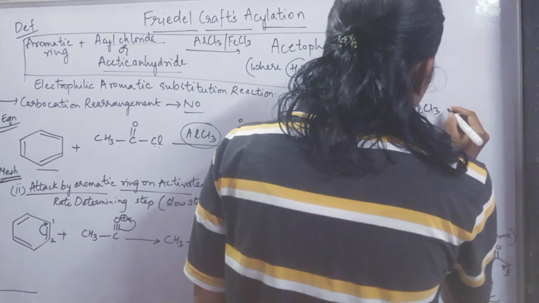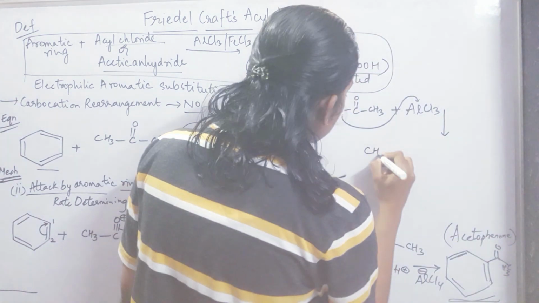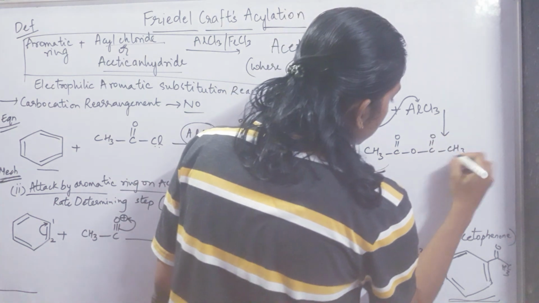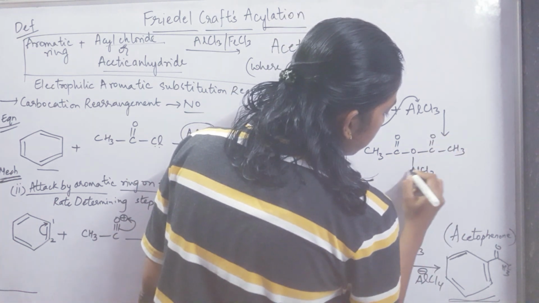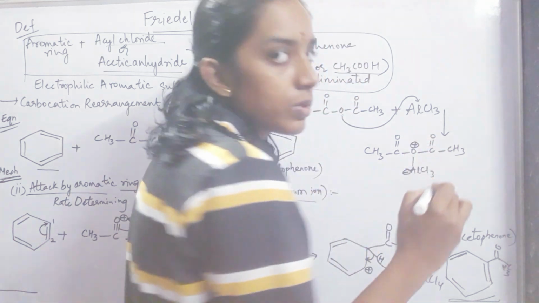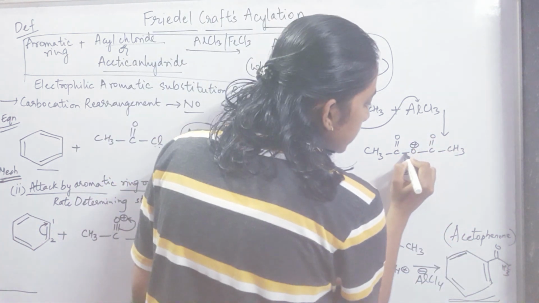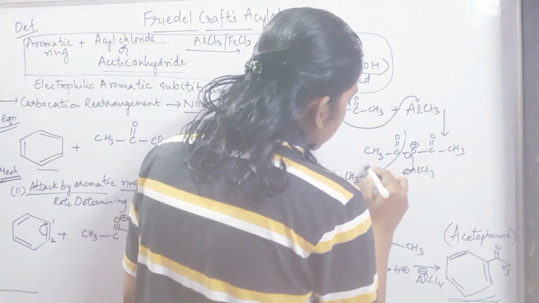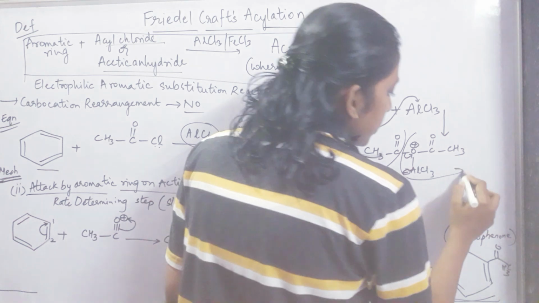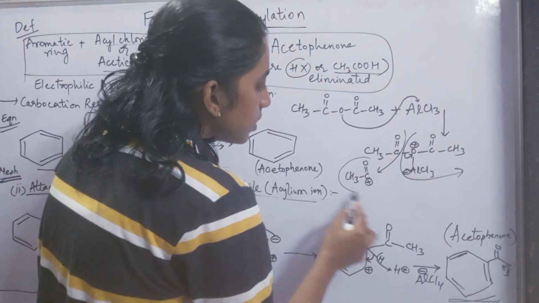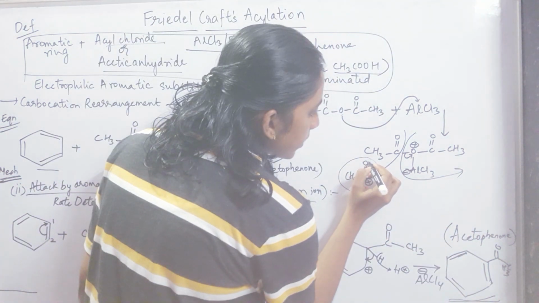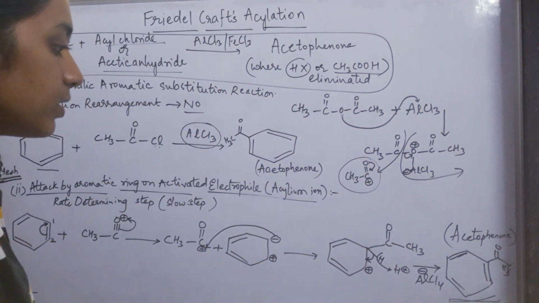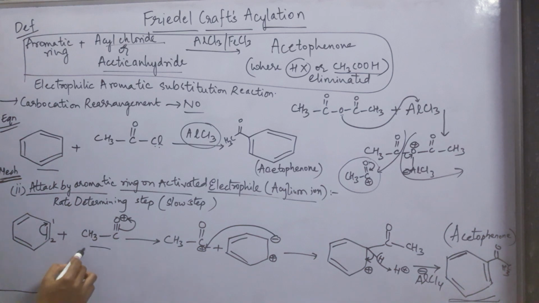CH3C=O O C=O CH3 AlCl3. Aluminium gets a negative charge, oxygen gets a positive charge. As oxygen is positively charged, it will take the bond from carbon, and here we will be getting our electrophile. Okay, this will be eliminated as AlCl3 O C=O. Now here the oxygen will share its lone pair of electrons with the positively charged carbon and will give us the acylium ion like this. This is acylium ion.